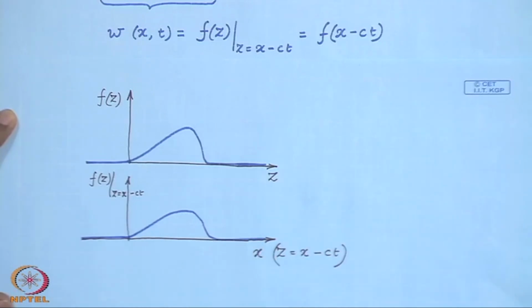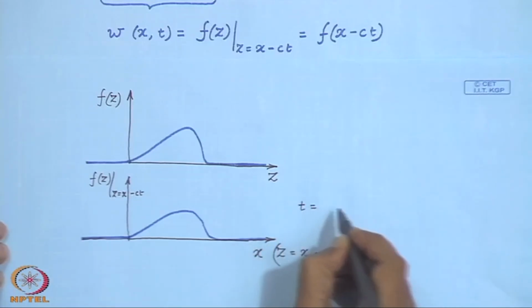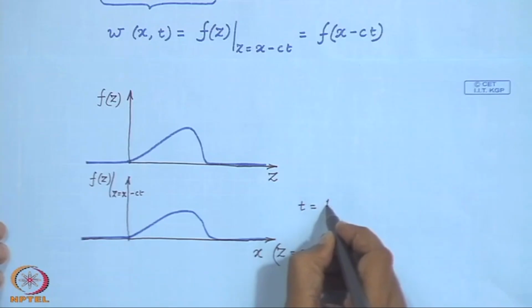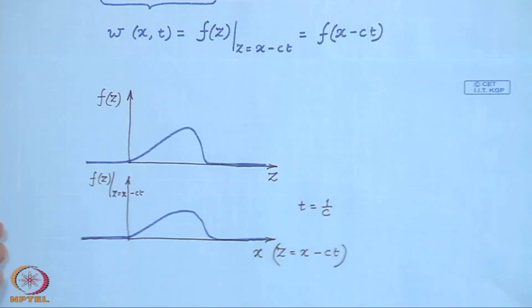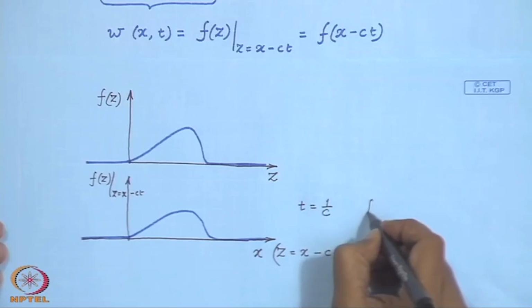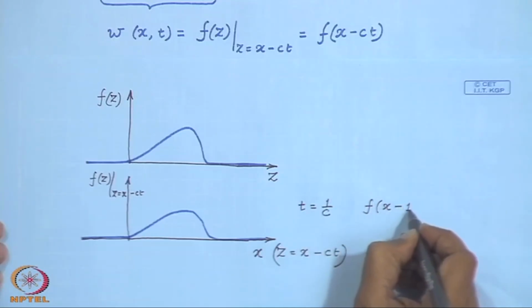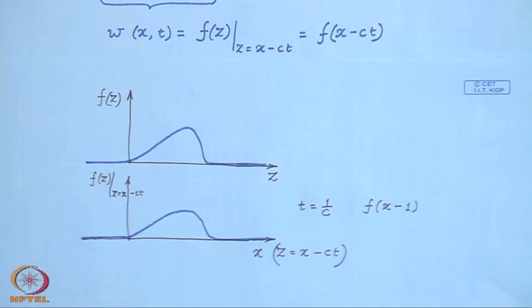At a certain time, what will happen? Suppose t equal to, let us say, 1 over c. So, what we have at t equal to 1 over c is f of x minus 1. So, now I have to plot f of x minus 1.